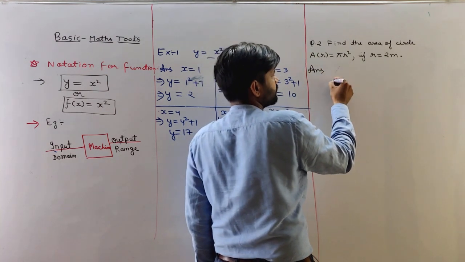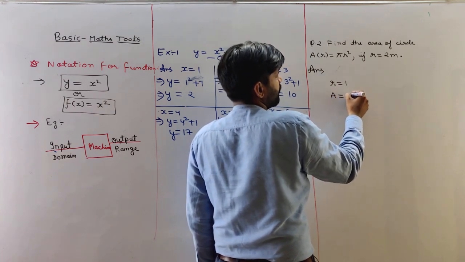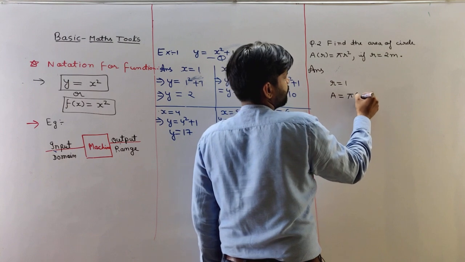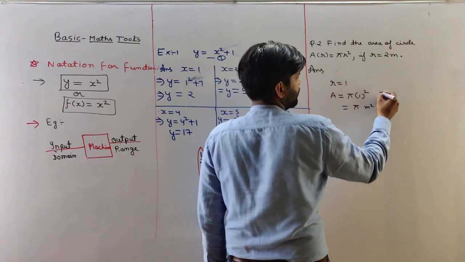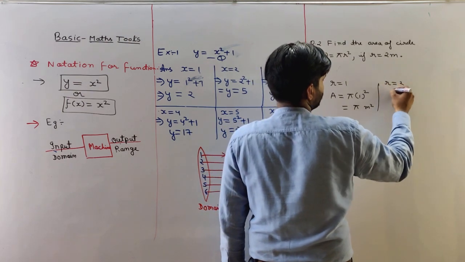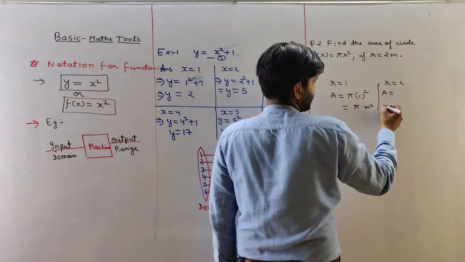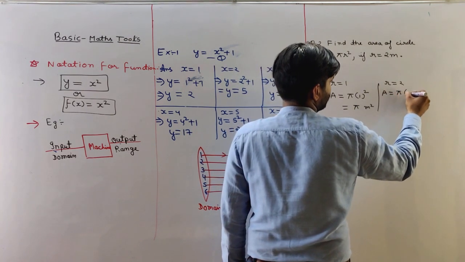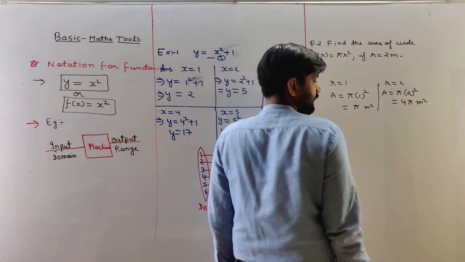Understand? Let's suppose if we put r is equal to 1, then what will we get? A is equal to pi meter square. If we put r is equal to 2, then A is equal to 2 square pi, that is equal to 4 pi meter square. Understand?